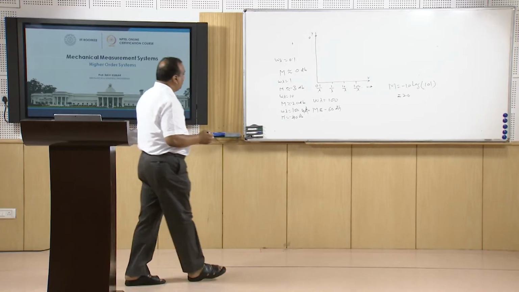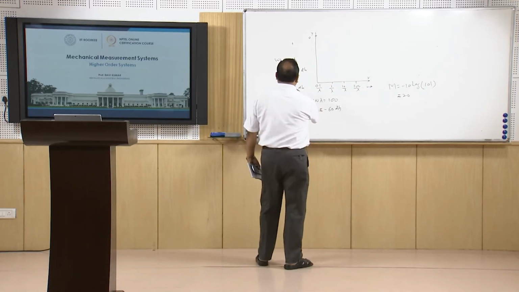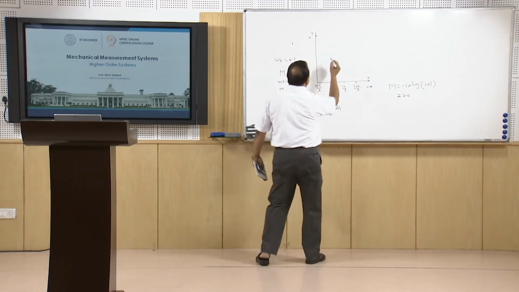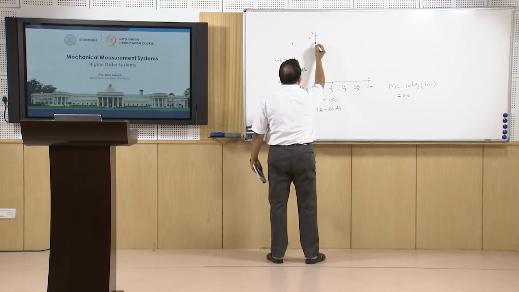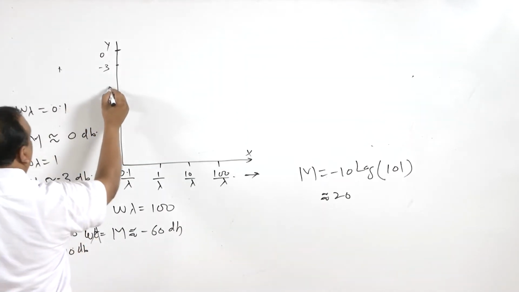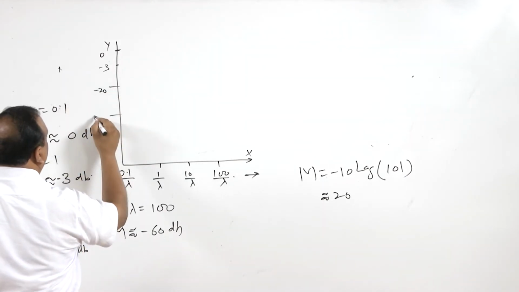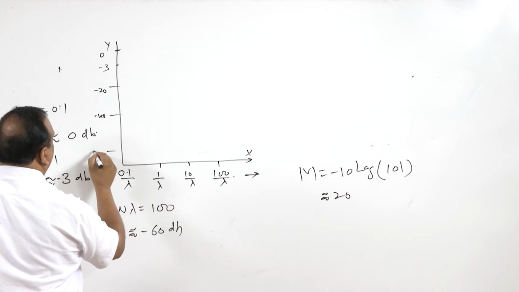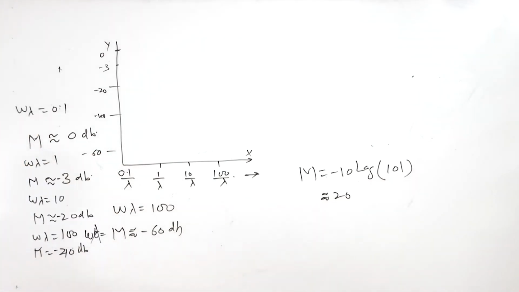So, now after certain values, say omega lambda 1, it is minus 3. So, minus 3 will be somewhere here, right. Let us say minus 20, minus 40, minus 60, like this.